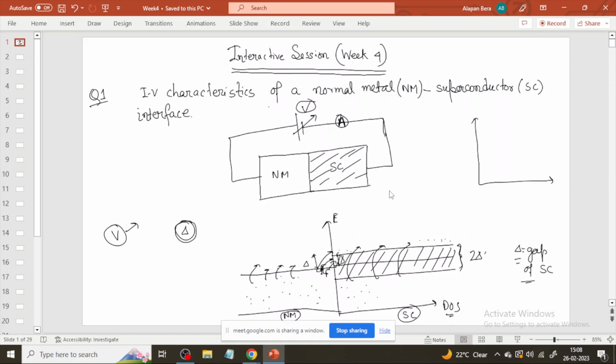So the condition is that the voltage V in the circuit should be such that it creates an excitation by an amount delta.